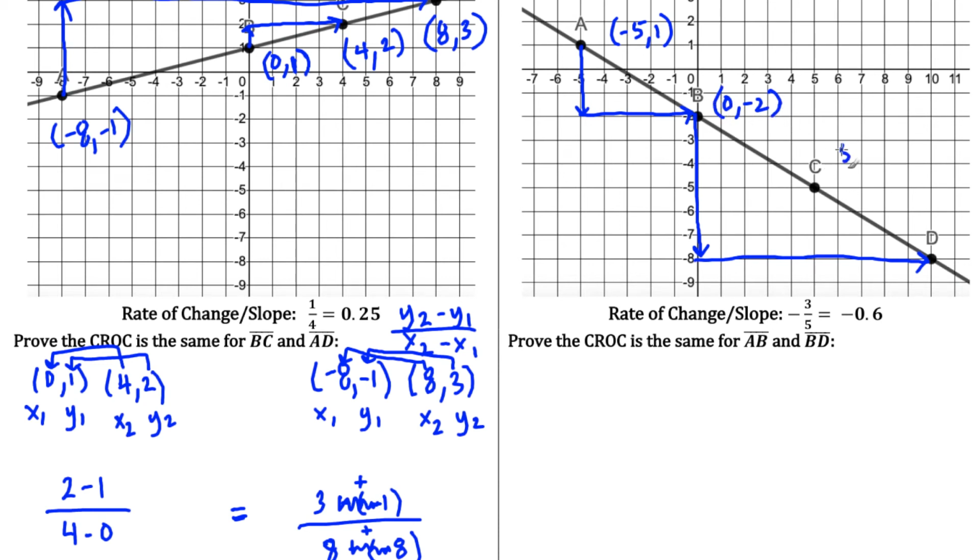This is 5, negative 5. And this last one is 10, negative 8. So A to B is negative 5, 1 to 0, negative 2. And B to D is 0, negative 2 to 10, negative 8.